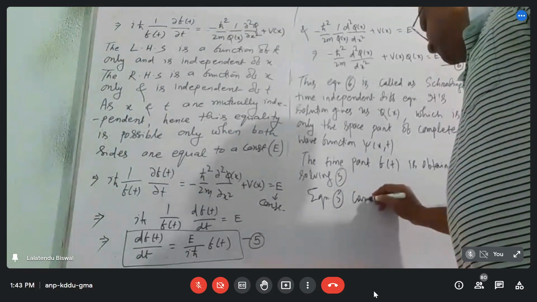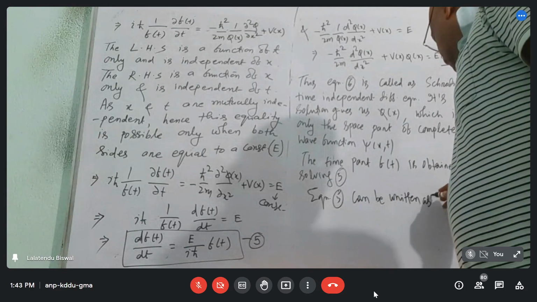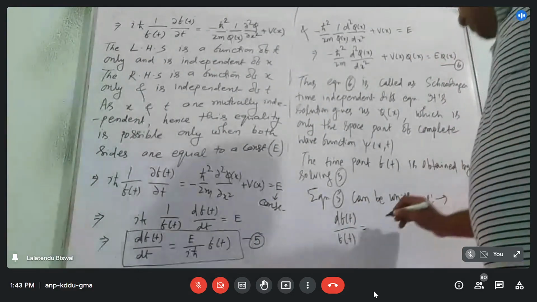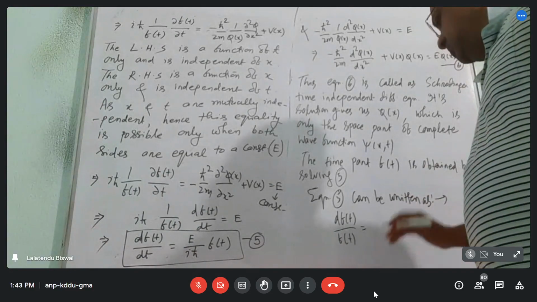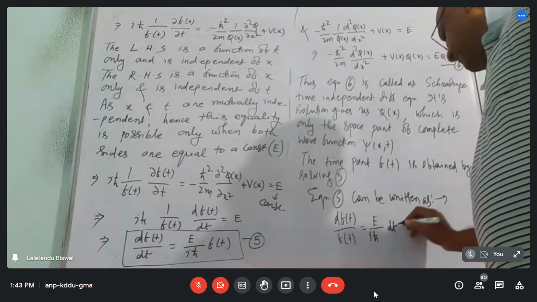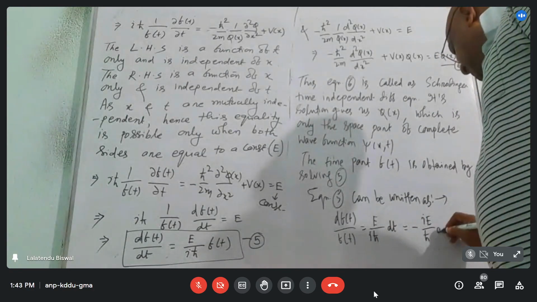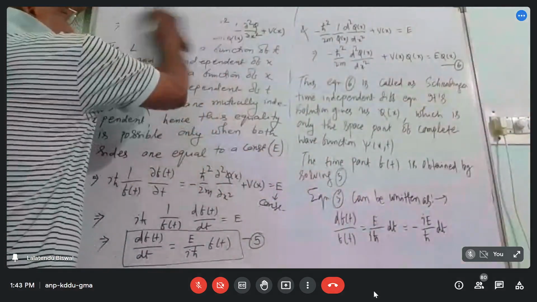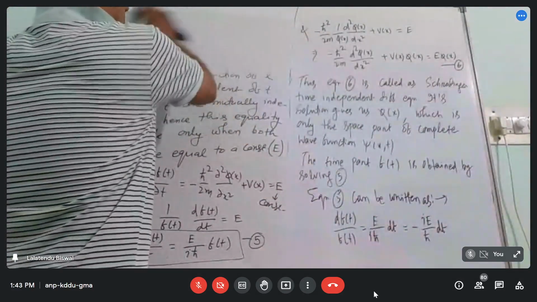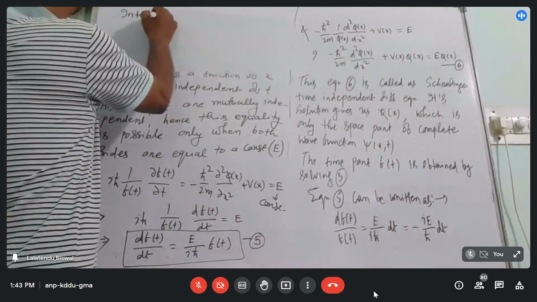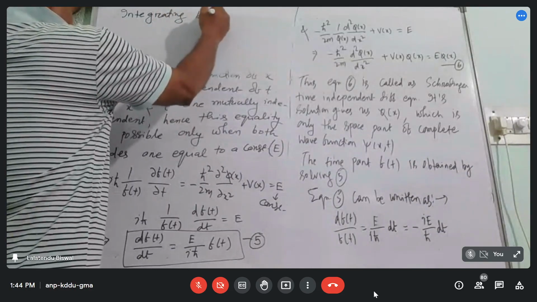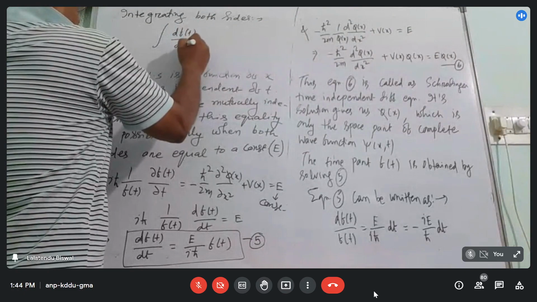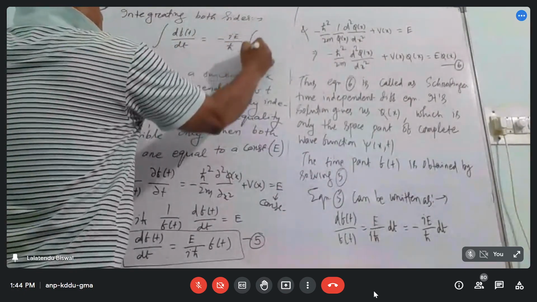Equation 5 can be written as dFt by Ft is equal to E by iħ dt. You can also write this as minus i by ħ E dt, it is the same thing; upstairs you multiply by i, downstairs you multiply by i. Then integrating both sides, what you get is integration of dFt by Ft is minus i by ħ E integration dt.